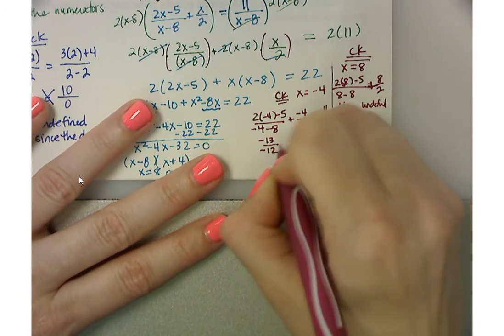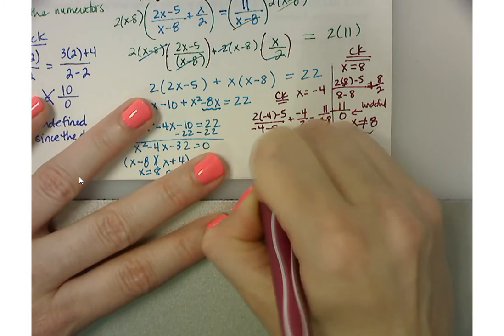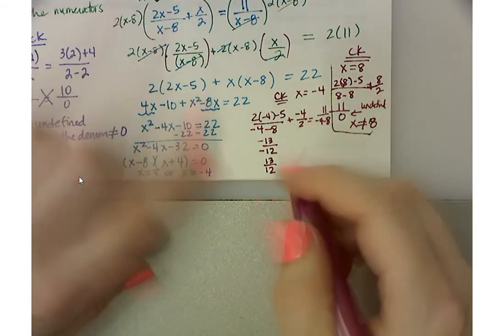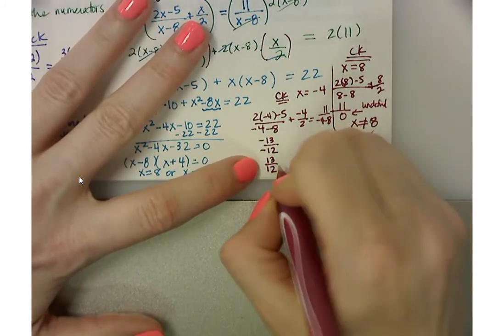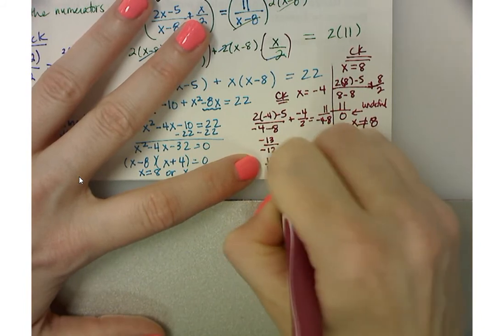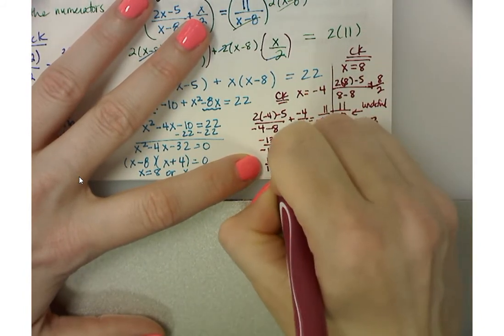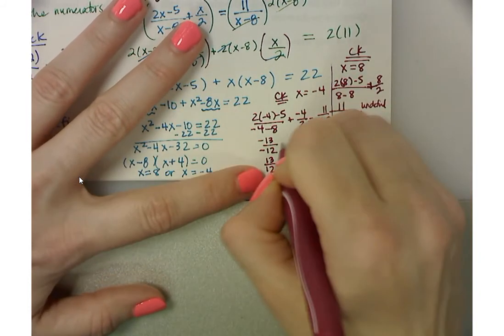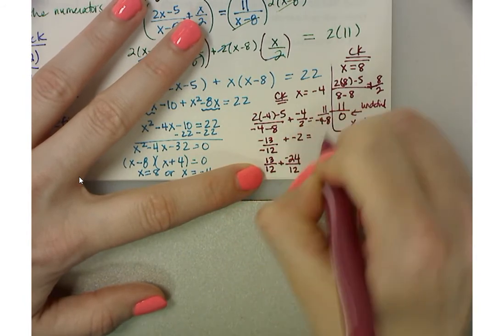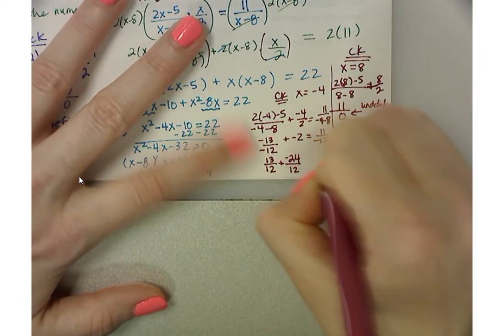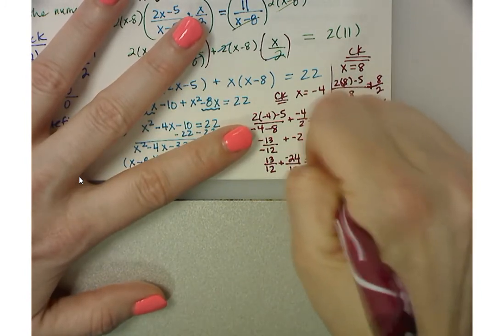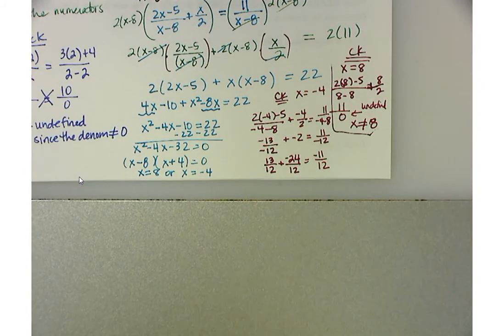Just going to put the negative on top. Okay, and negative 13 plus negative 24... is 24 minus 13 going to be 11? Yep. So negative 11 over 12 equals negative 11 over 12. Yep. So then your only solution is going to be x equals negative 4. Okay, so you wouldn't even write the other one on the line.